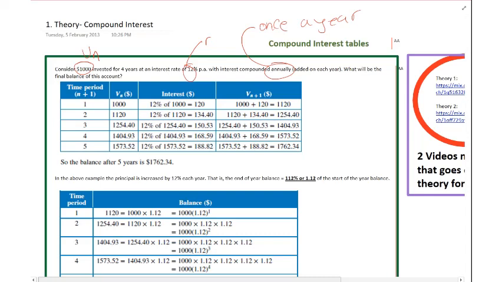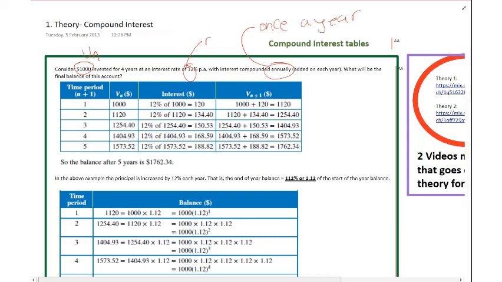So let's look at what we've got. In our first time period, our previous term VN is 1,000. Then I get my interest, which is 12% of 1,000, that equals 120. So my next term, VN plus 1, is 1,000 plus 120 equals 1120.